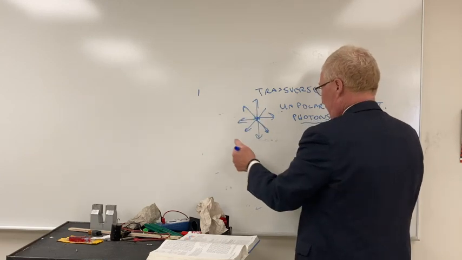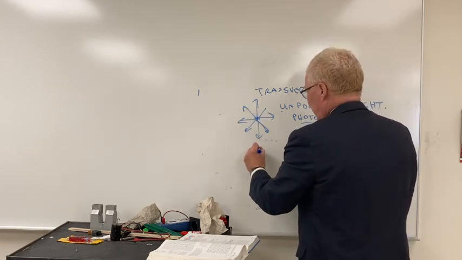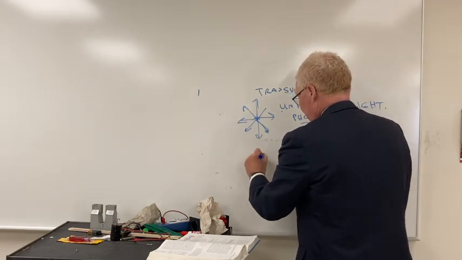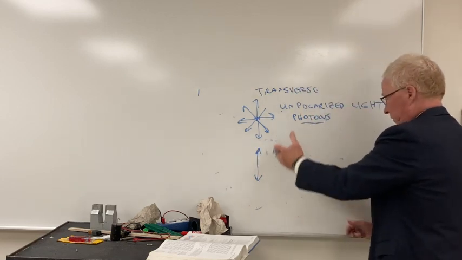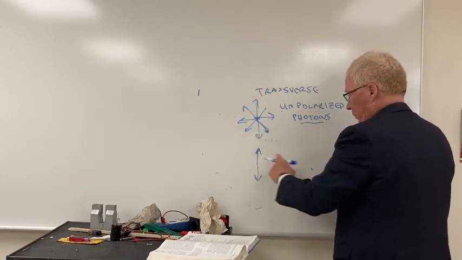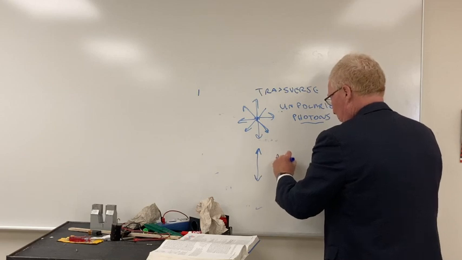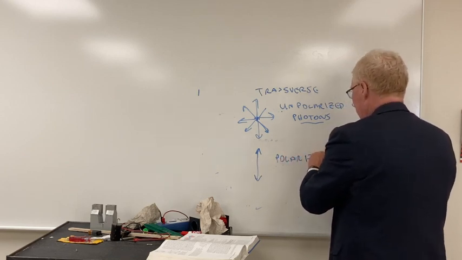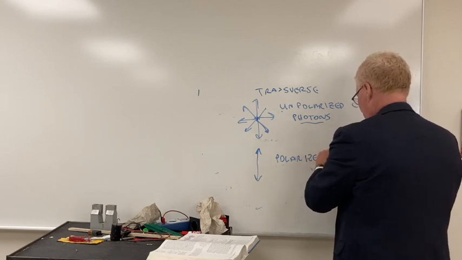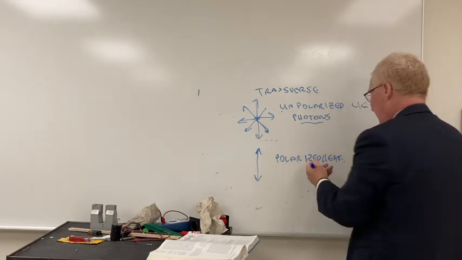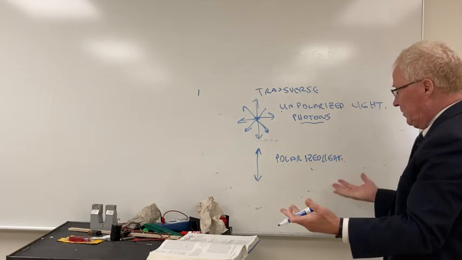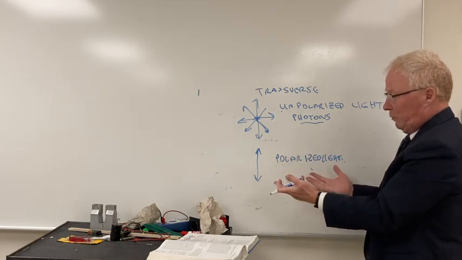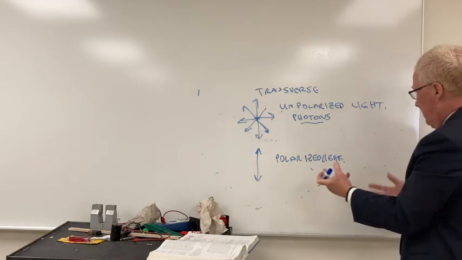But this is what we call unpolarized light. Polarized light is vibrating up and down in one direction, so it can either be this way or that way. This week, polarized light can be whatever kind, but for the lab, we'll be dealing with visible light because that's the easiest to deal with.